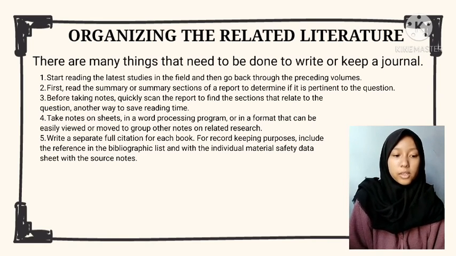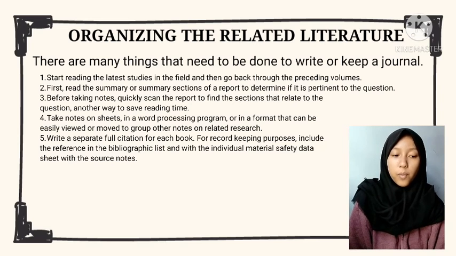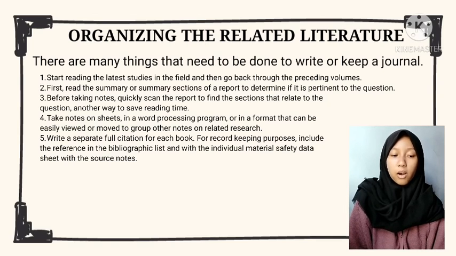Before taking notes, quickly scan the report to find the section that relates to the question, another way to save reading time. 4. Take notes on sheets in a word processing program or in a format that can be easily filed or moved to group others' notes on related research.